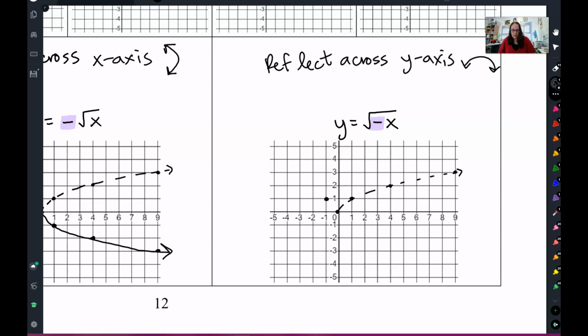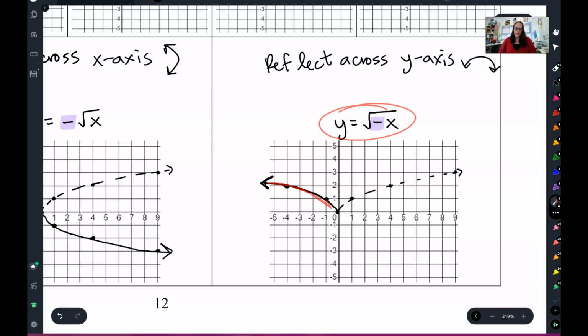So I take all these points, reflect them across, and that is what my final graph looks like. So this is the graph of y equals square root of negative x.